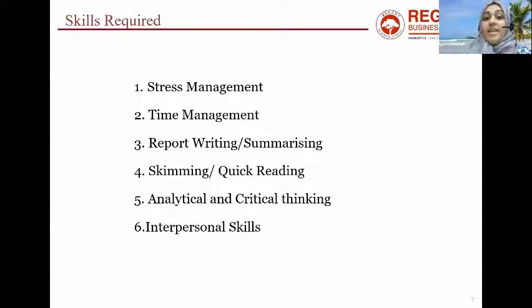Then you've got to be very analytical and critical in terms of what the author has said. And then you're going to have to write them down in terms of abbreviations, summaries, themes, so that when you go back before you do your final piece, you'll have all the information required.